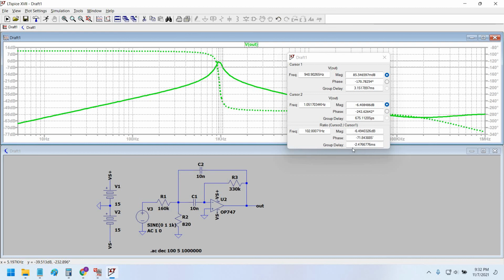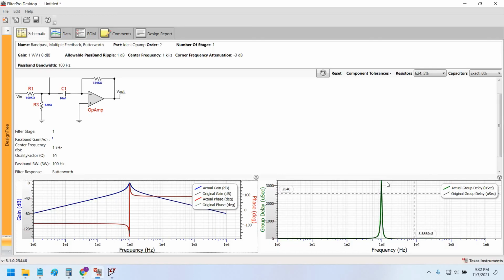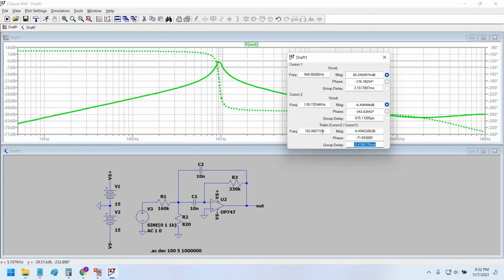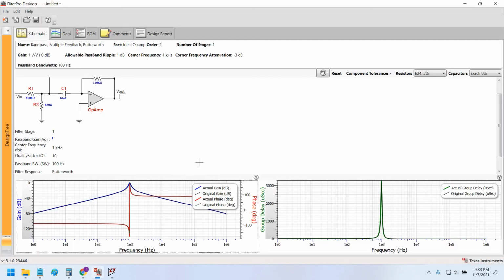So now you can see that the group delay is minus 2.4 millisecond and here we got the group delay of 3.2 millisecond, right? And the bandwidth is found to be equal to 102 hertz, while here the bandwidth was 100 hertz.